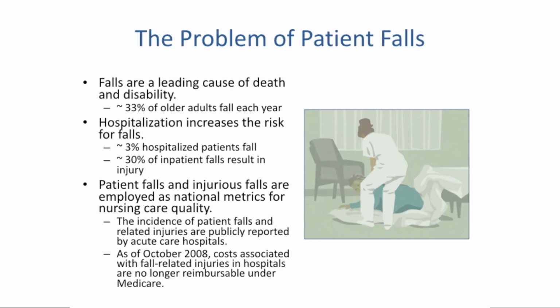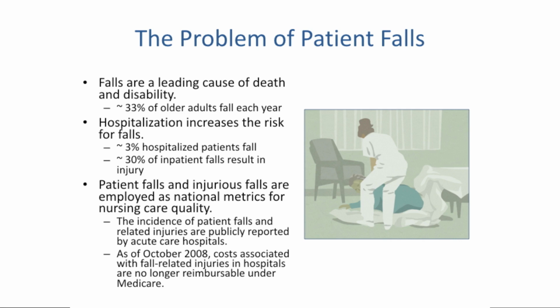So I think all of you on the call are familiar with the problem of patient falls. Falls are a leading cause of death and disability. About a third of older people fall each year. When people are hospitalized, it increases their risk for falls. About 3% of hospitalized patients fall, and about a third of those who fall have some type of injury from that fall.